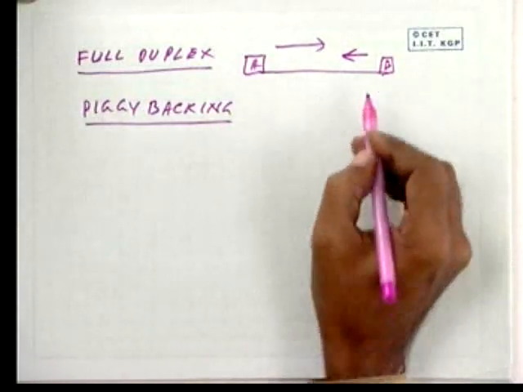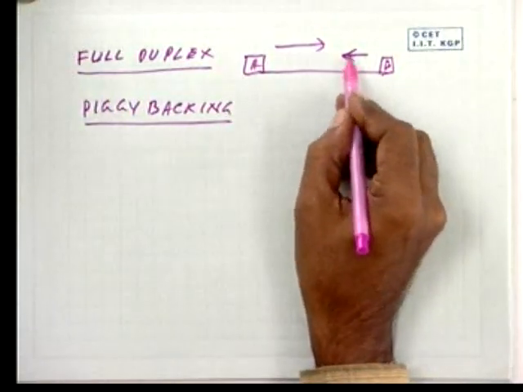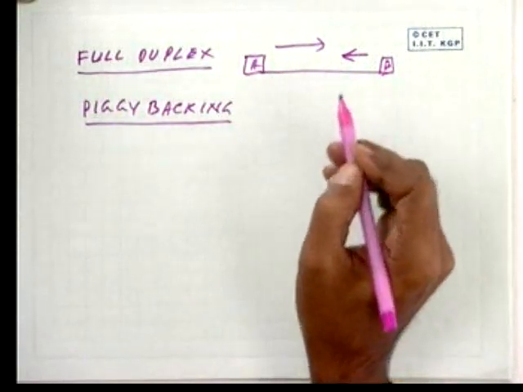And so no separate acknowledgement frame is necessary. However, when station B has no data to send, then an acknowledgement frame has to be sent.